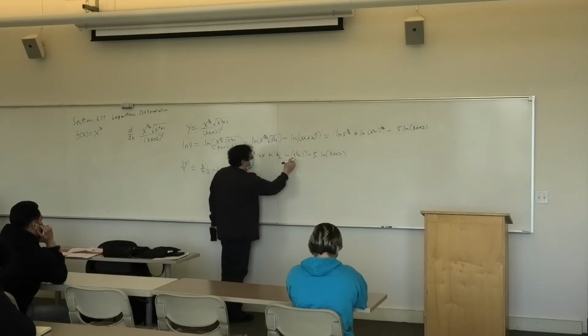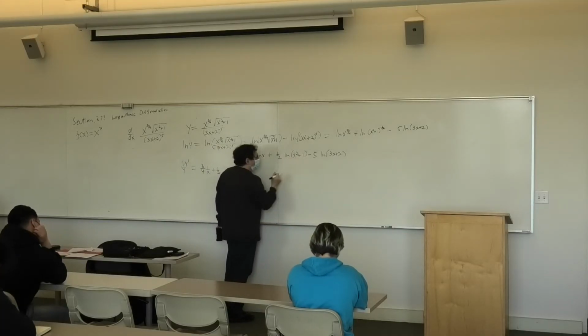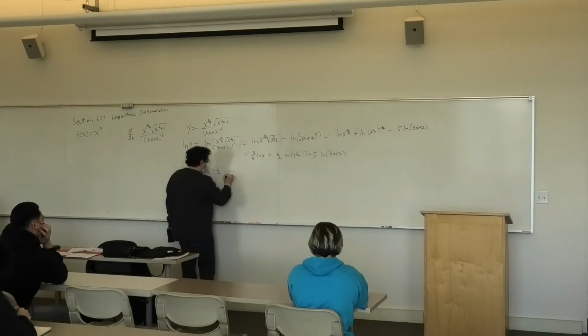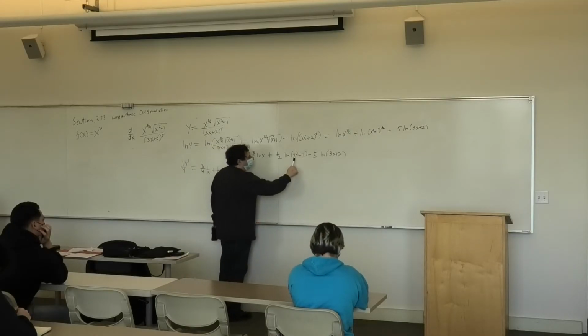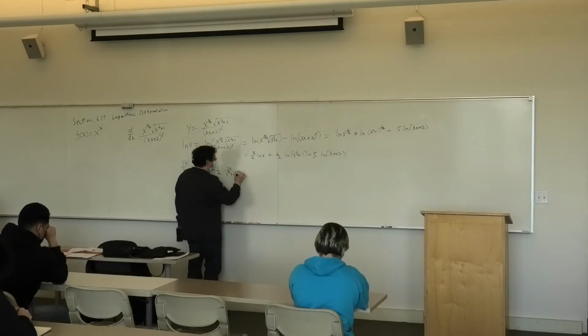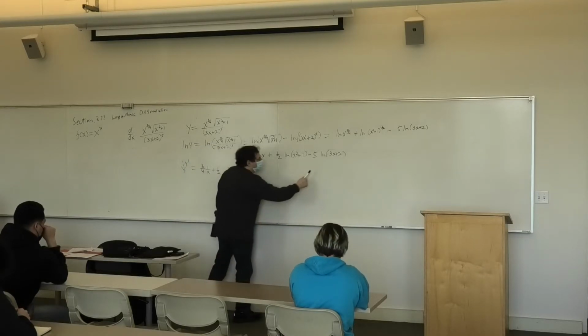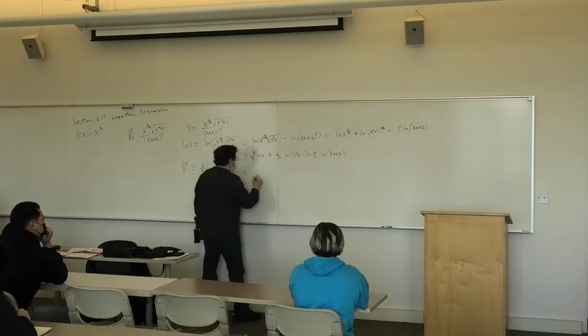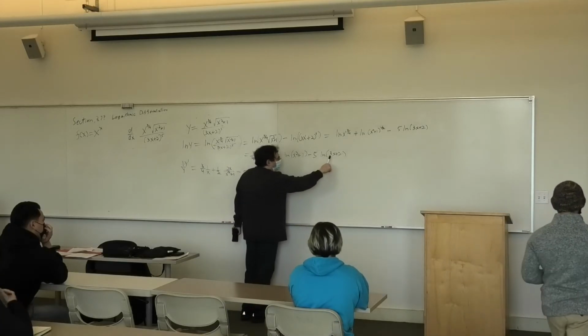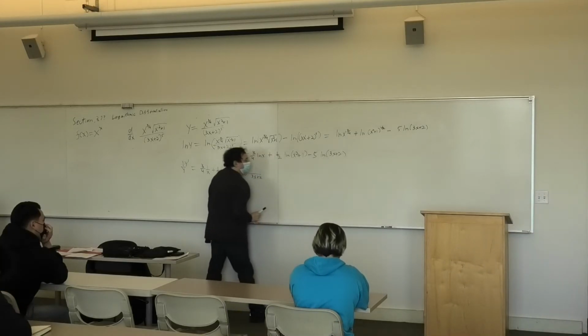The derivative of the log of x squared plus 1 is going to be 1 over x squared plus 1, but we have to use the chain rule, times 2x. Minus 5 times the derivative of the log of 3x plus 2. Again, it's 1 over 3x plus 2, but I use the chain rule and multiply by the derivative of 3x plus 2, which is 3.